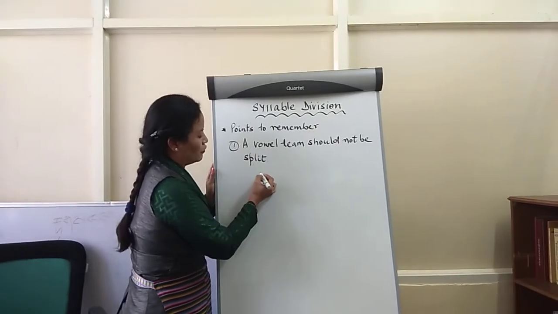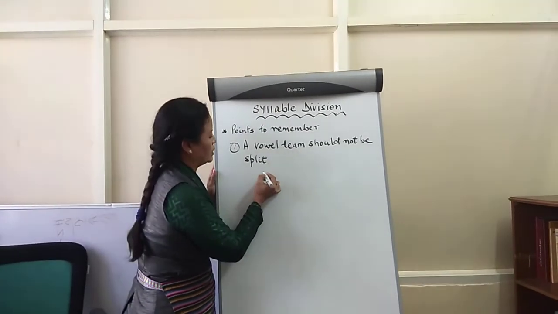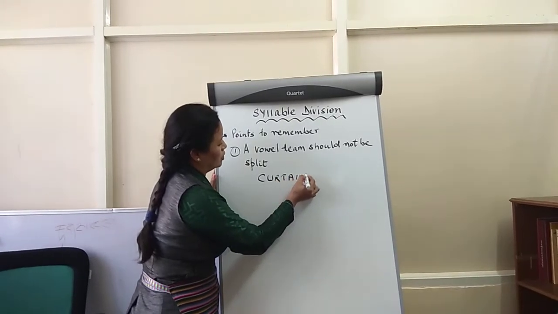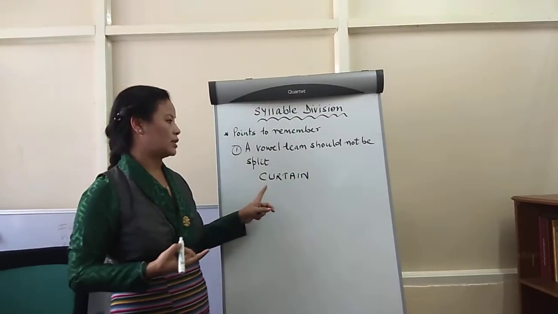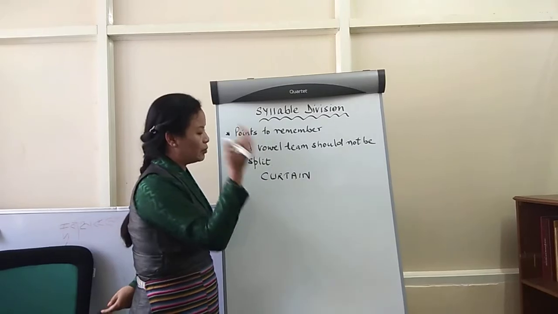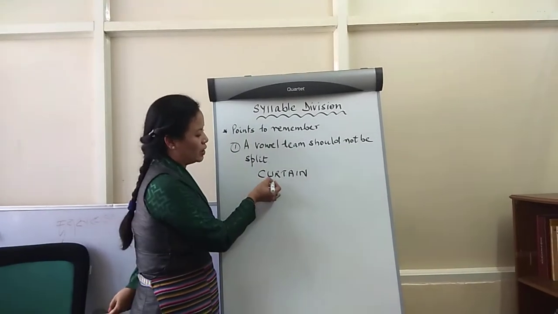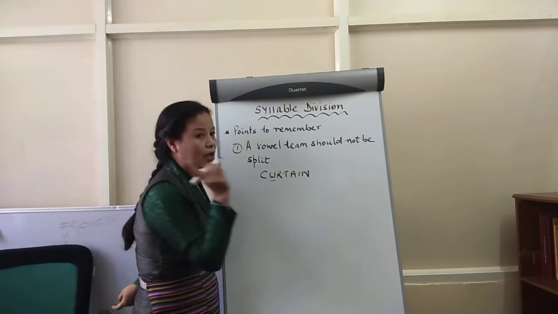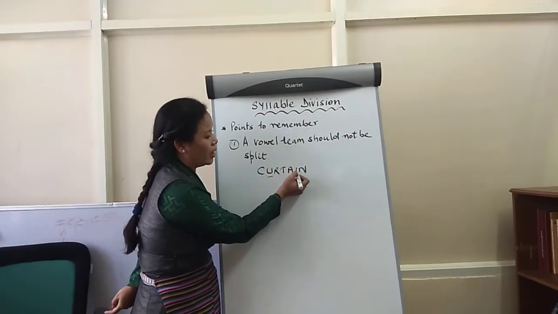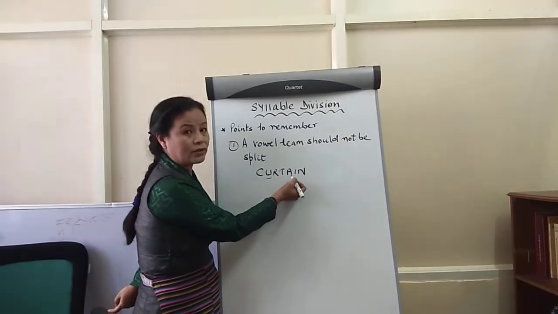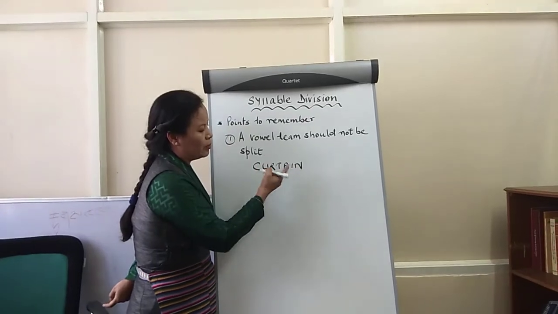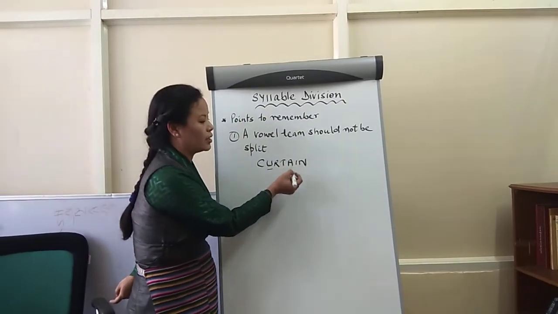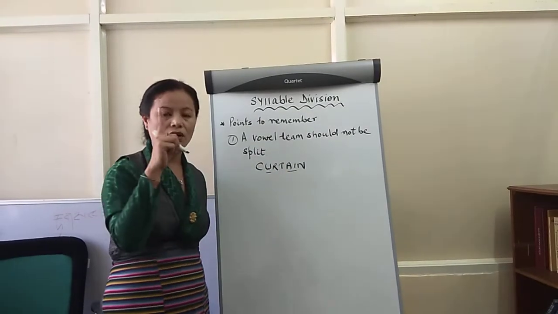For example, if we have a word like curtain. If you remember my previous video lesson, I told you we have to underline all the vowel sounds. But here, A and I are vowels, right? You need to identify this as a vowel team, because A and I together make one vowel sound.